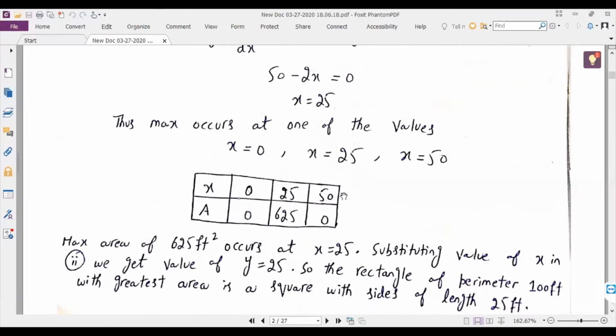And when x = 50, the area is 0. So the maximum area of 625 square feet occurs at x = 25. Substituting the value of x, we get the value of y. So the rectangle of perimeter 100 feet with greatest area is the square with sides of length 25 feet.